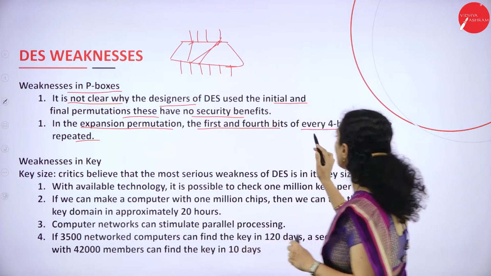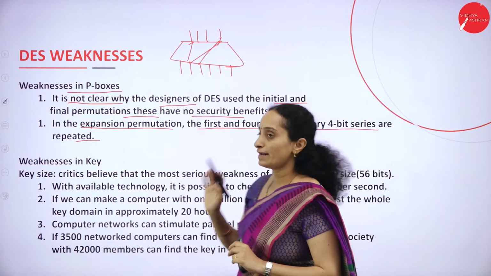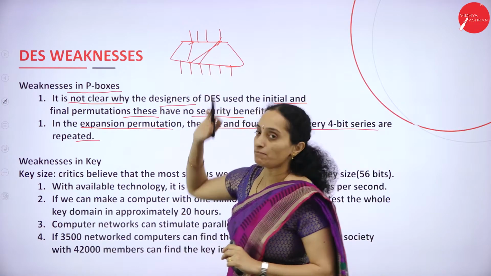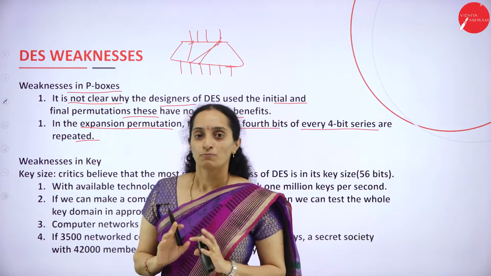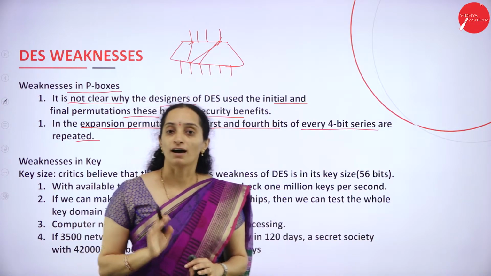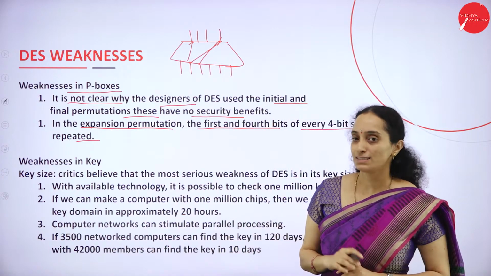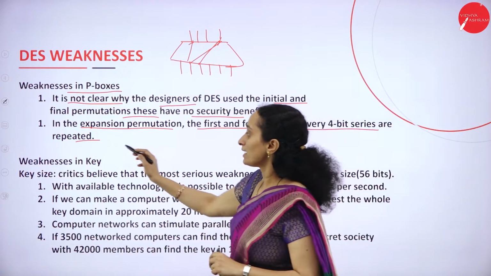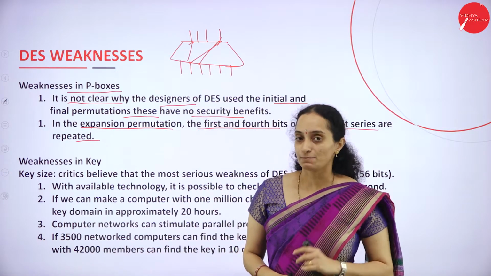The first and the fourth bits of every 4-bit series are repeated. They will be the same and they produce the same output. When the inputs are the same, most of the time the outputs are also the same. Alright, so these are the possible weaknesses of the S boxes.